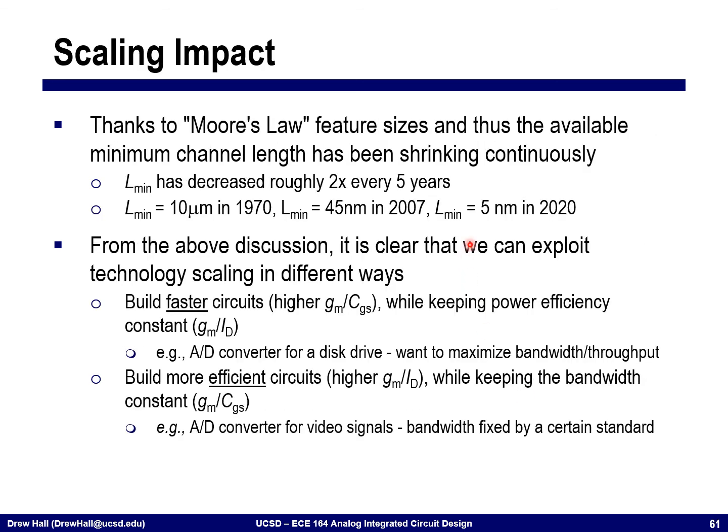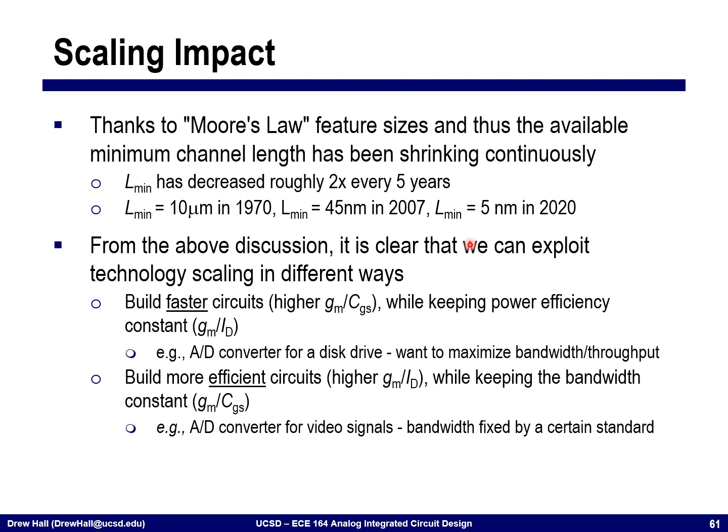And so I want to briefly, before we end, talk a little bit about scaling and what scaling is doing to the technology. So Moore's law, as I mentioned earlier, continues to shrink the minimum channel length over time. And there's really nothing fundamental about Moore's law. It's really that the billion-dollar semiconductor industry strives to maintain this scaling.